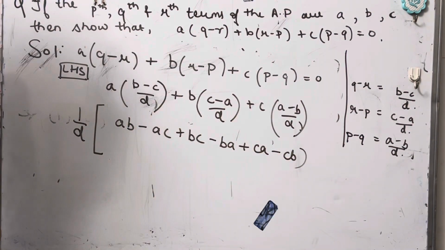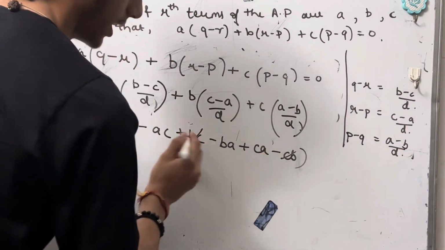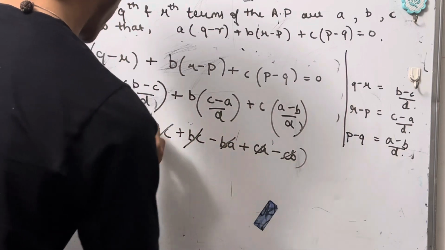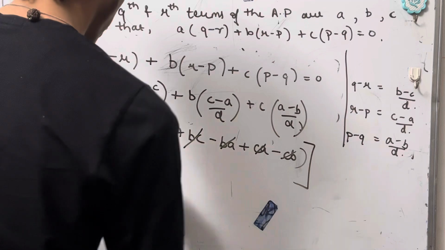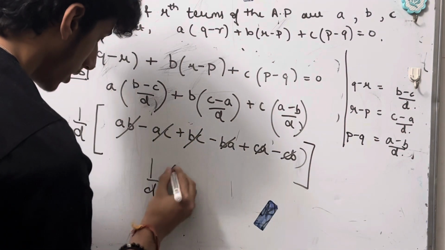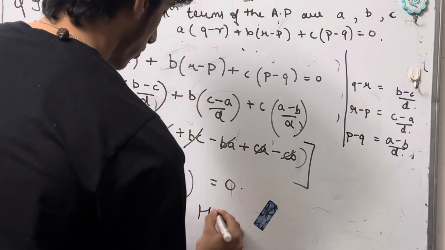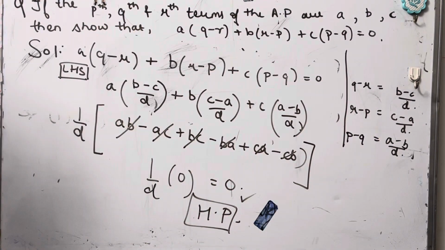I've got this value. Now what you can see, CB and BC I have, so they will get cut. CA and AC, BA and AB also cancel. So I have got 0 over here. So 1 upon D into 0 is equal to 0. Hence proved. This is a very easy question and it can come in your board exam.